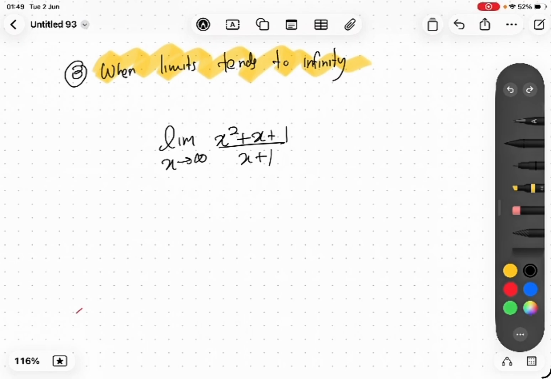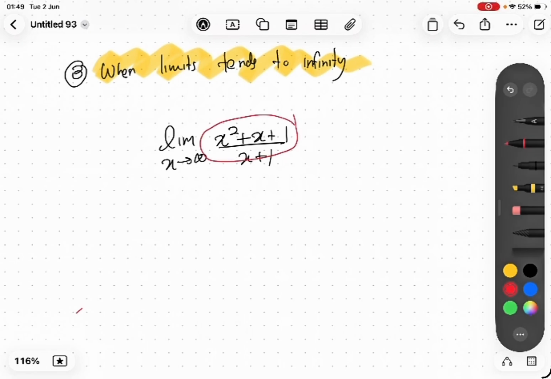So what we have to do in these kinds of questions is this. I will divide both the denominator and numerator of this fraction by the term with the highest power. So we have x squared, so I will divide all the terms by x squared.